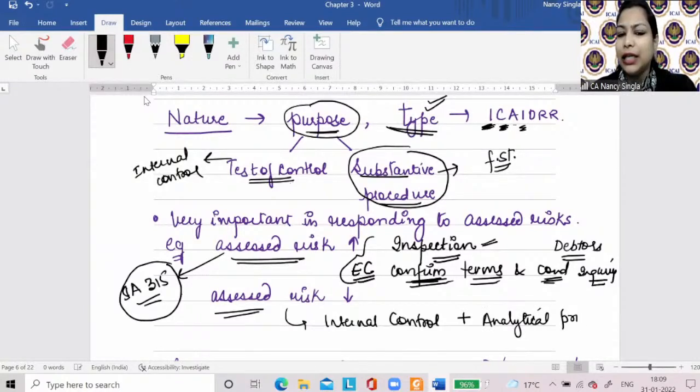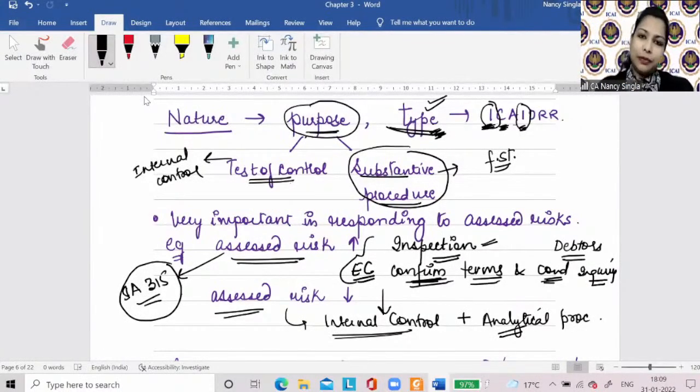Now what are analytical procedures? Calculation of ratios. So what type of audit procedure is he going to perform? Maybe while checking the internal controls, he'll perform inquiry, he'll perform inspection, and he is going to perform analytical procedures.